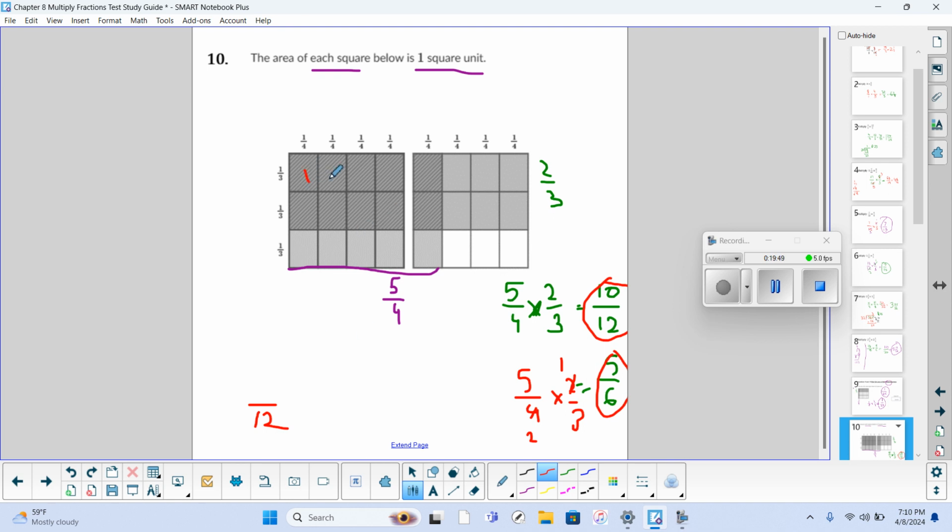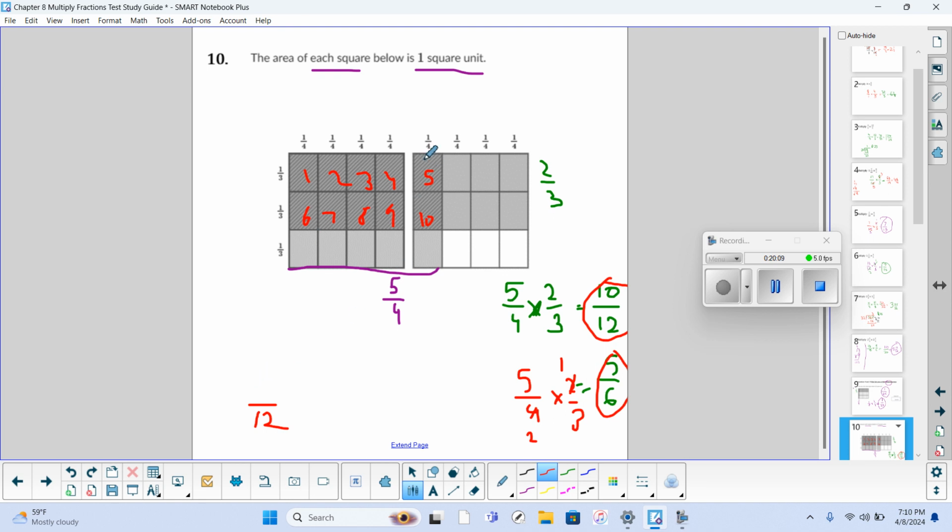But how many equally sized pieces out of that are the size of 12 are shaded? Well, 1, 2, 3, 4, 5, 6, 7, 8, 9, and 10. There are 10 equally sized pieces out of 12, right?